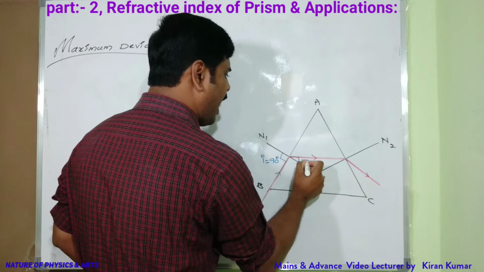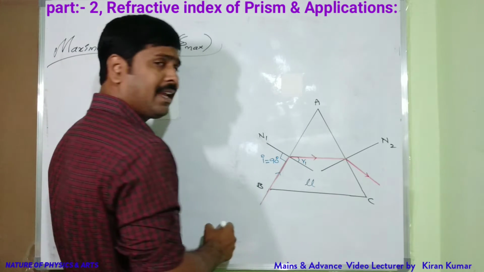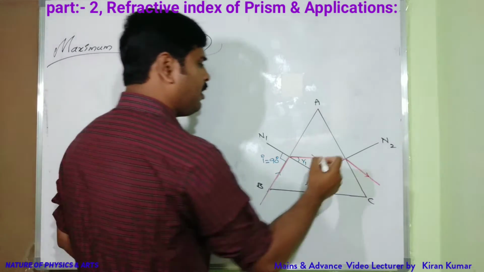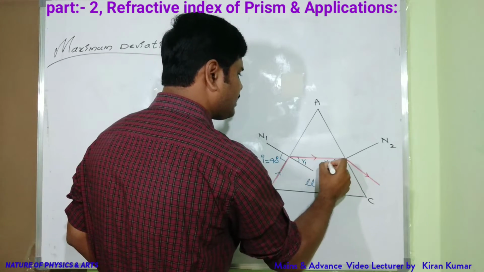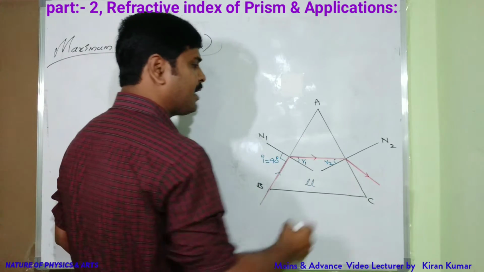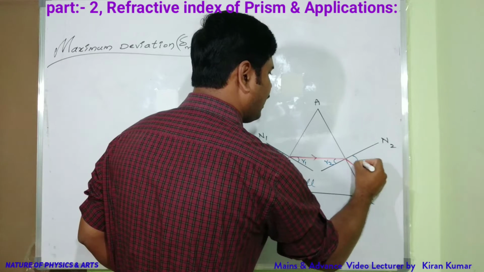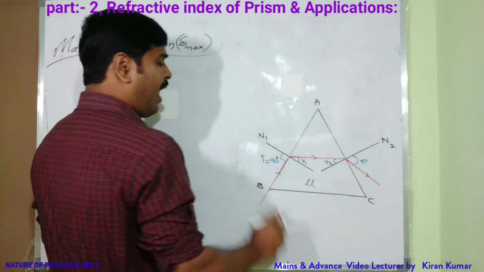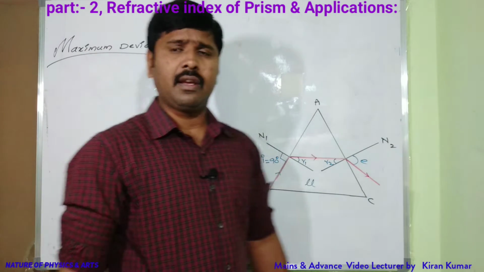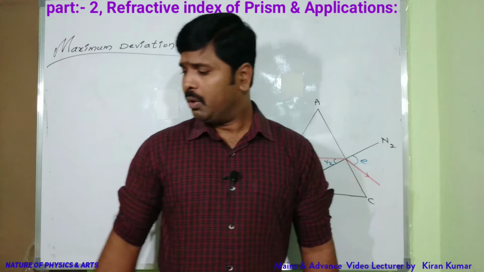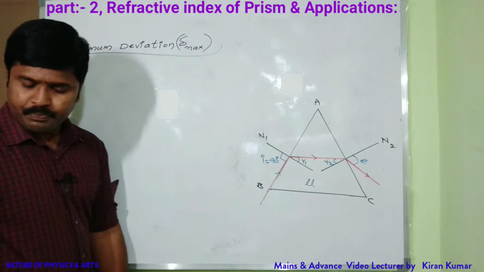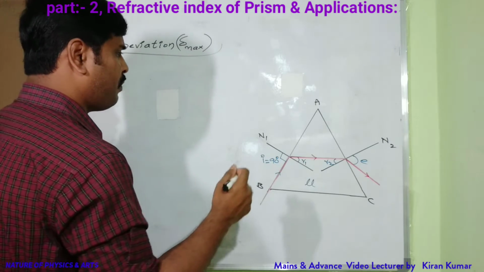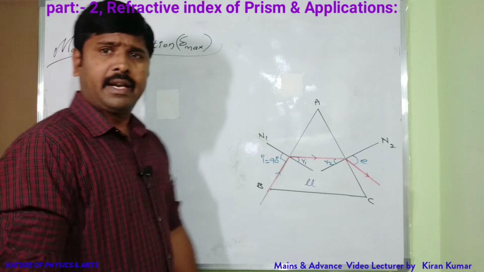So here r1 is taken as the critical angle, and r2 is at the second refracting surface, and e is the angle of emergence. Okay, so here i is equal to 90 degrees and the refraction angle is equal to the critical angle. Now we can discuss the derivation for the corresponding diagram.